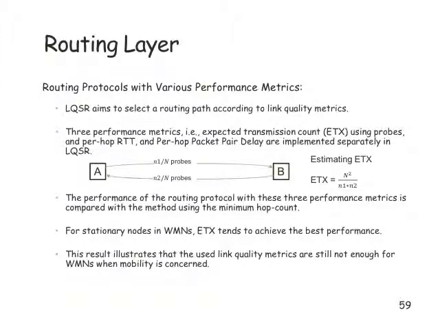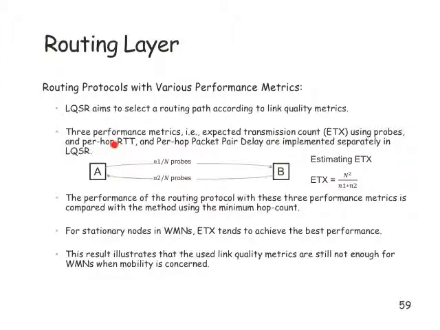So, as we said, round trip time may not be the best way. And there is a paper here, which I will probably post on Blackboard, that gives you the routing protocol performance as a result of using some of these metrics, to see how the throughput will look like at the end.